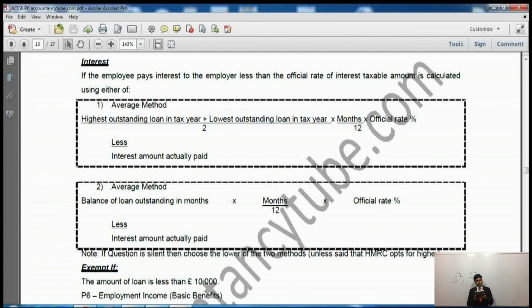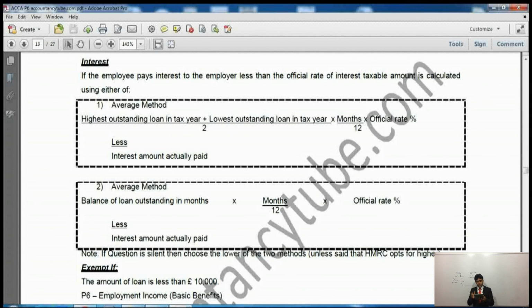We'll have to see the highest outstanding loan during a tax year. So say for example, I took a loan of £10,000 and I said to my employer that I will pay you £300 a month. So the highest loan in a year will be £10,000, and then it will gradually be reducing as every month I am paying.